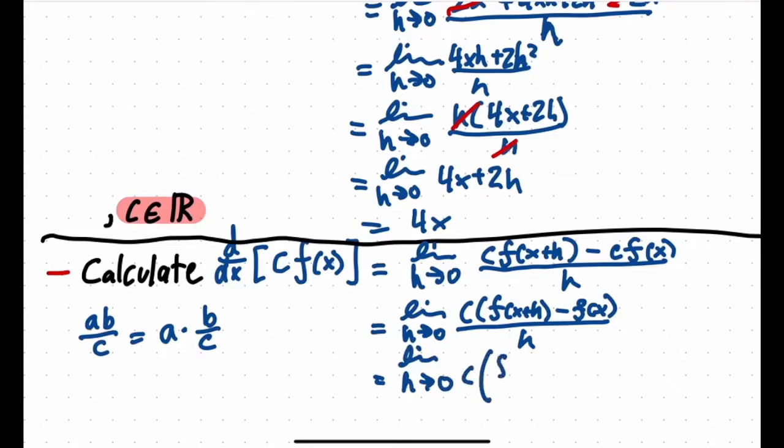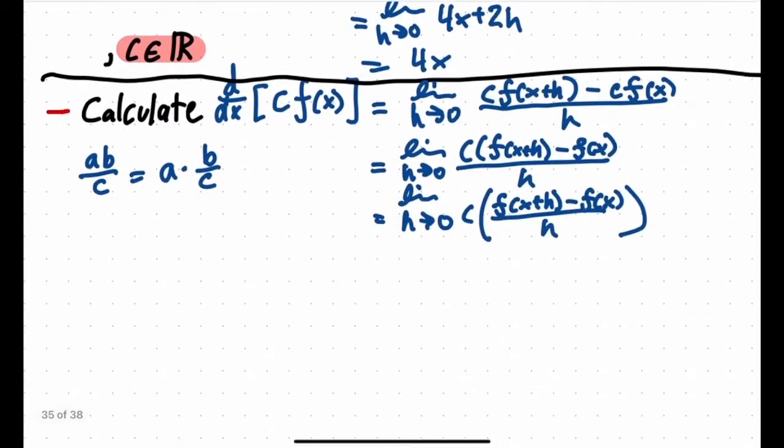So c times f at x plus h minus f at x over h. And now here's where we apply another limit law. So I'm going to do it in red as well, just so that you know. Here's another limit law.